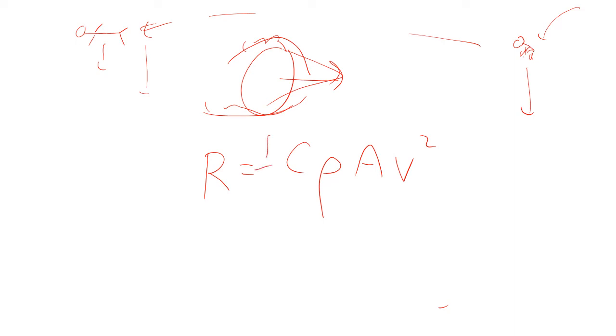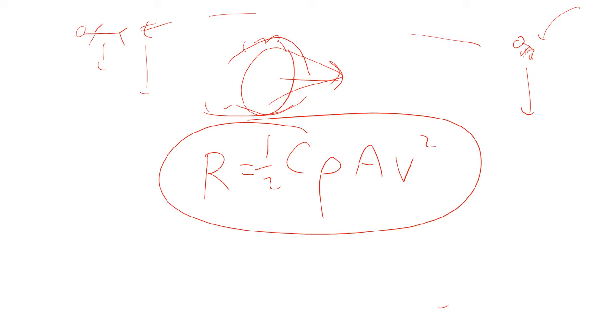Now, typically, we define that coefficient not for this equation, but for another equation. So the resistive force turns out to be this. The air resistance force is given by 1/2 times the drag coefficient times the density of air times the cross-sectional area times the velocity squared.